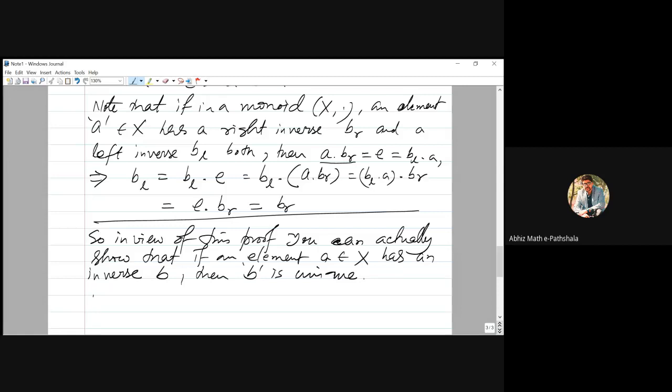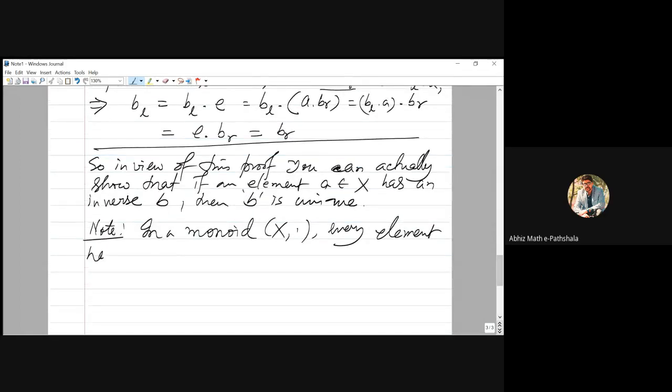So note, in a monoid X dot, every element has at most one inverse, right? That is, either it doesn't have any inverse, or if it has, then that inverse is unique.